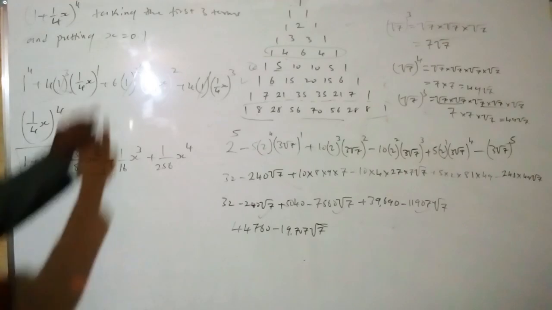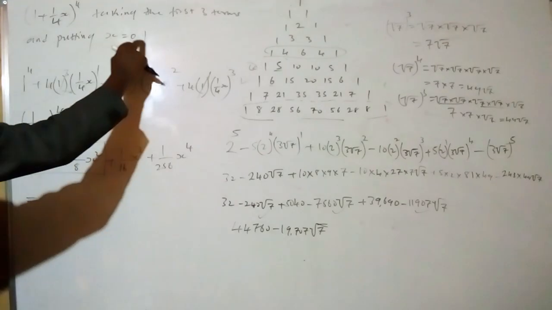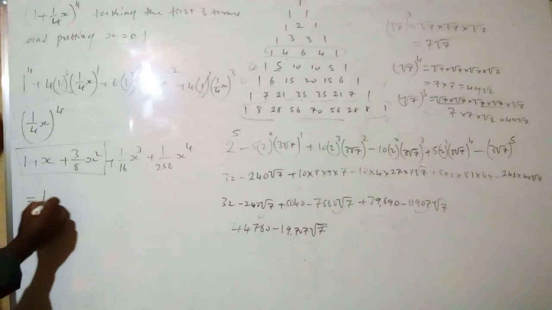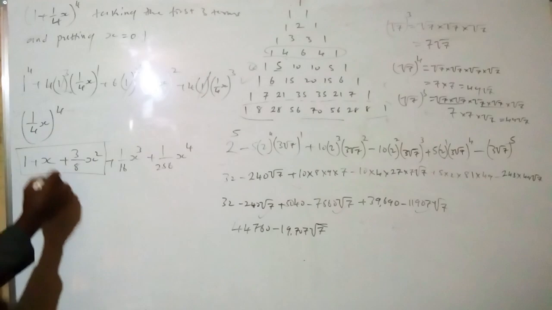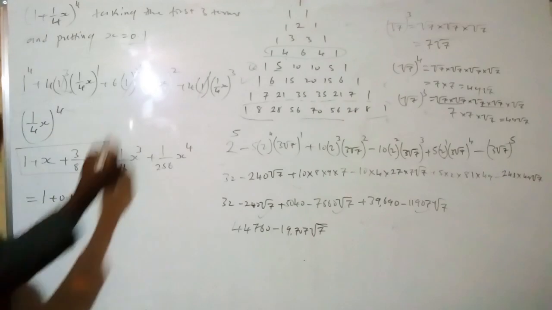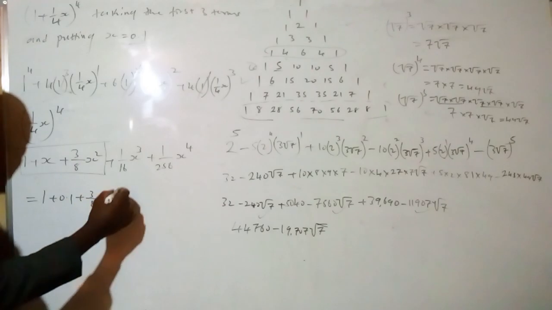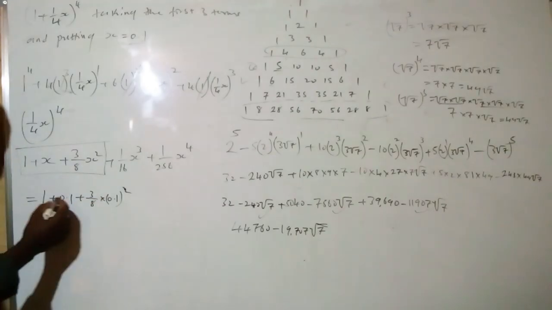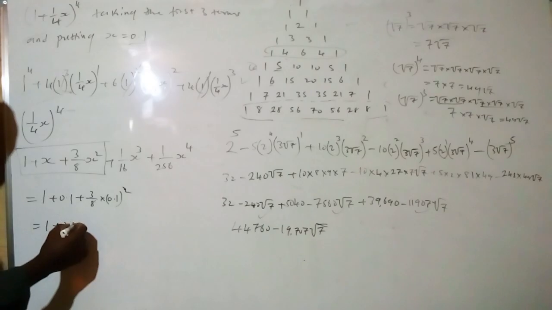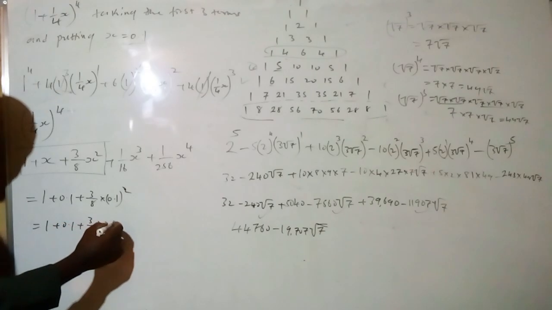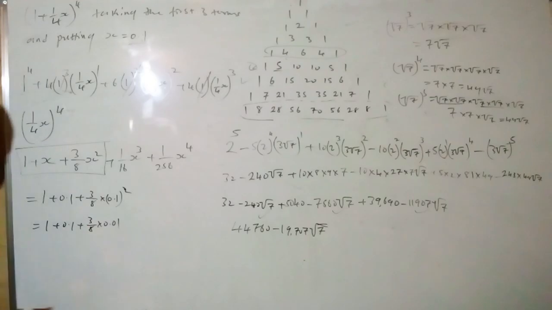You are supposed to substitute and say 1 plus 0.1 plus 3 over 8 times 0.1 squared, which is 1 plus 0.1 plus 3 over 8 times 0.01. Is it? 0.1 squared, yeah.